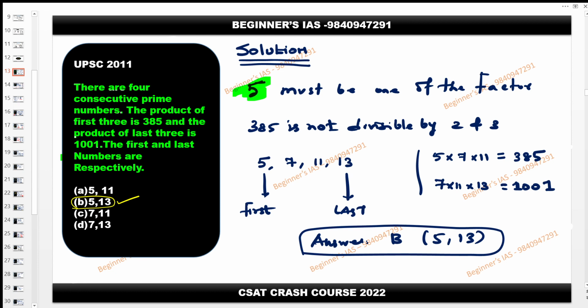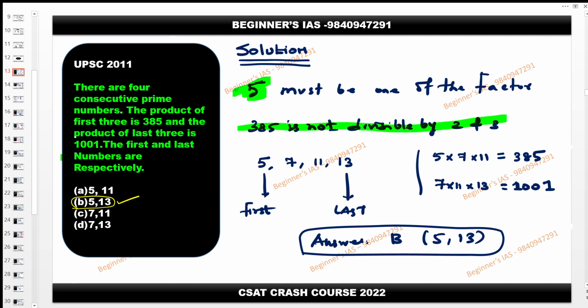Then you need to check here. Since 2 and 3 obviously do not divide 385, the four consecutive prime numbers can be taken from 5. Why are we not taking 3, 2? That is what I have explained in this part.